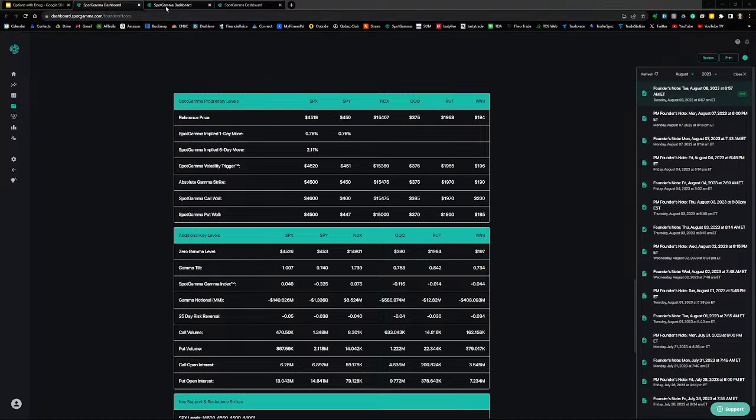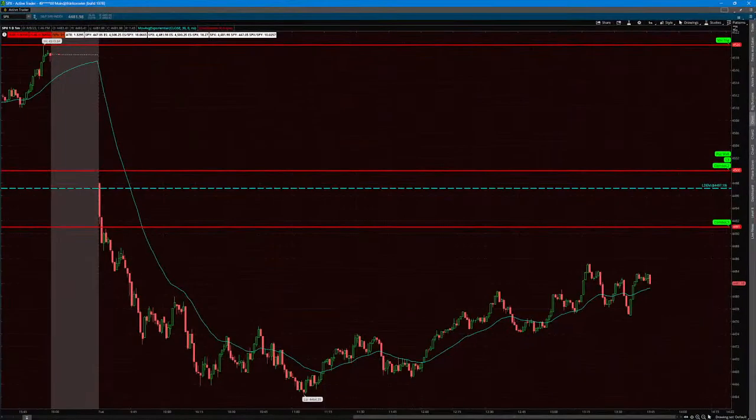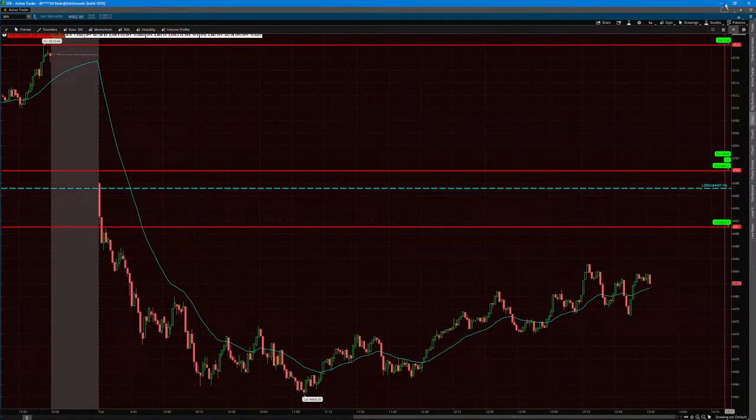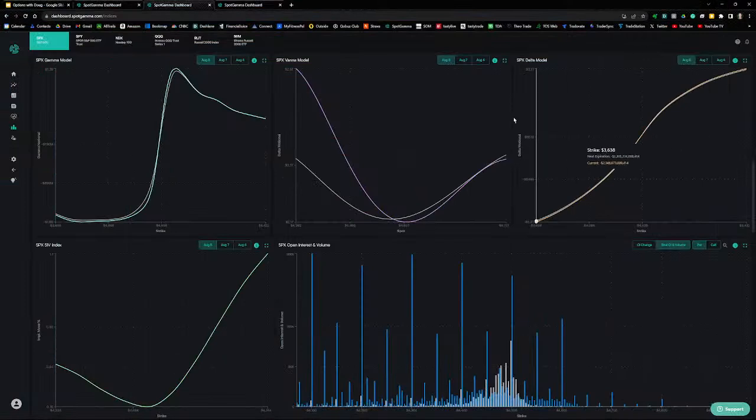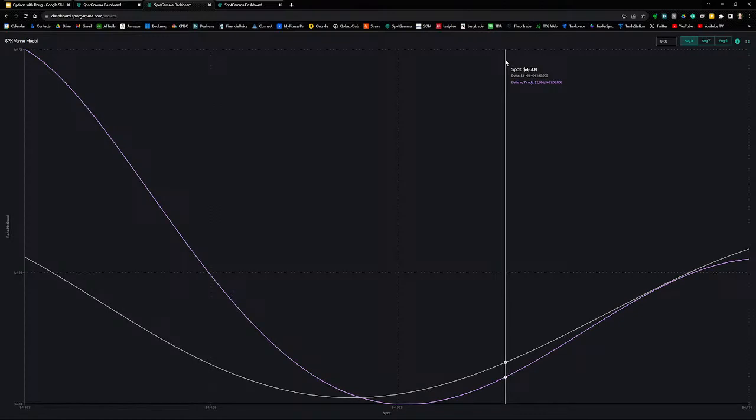All right, let's take a look at the Vanna model now, and we can see an illustration of this. Let me go back to one thing here. We'll start with SPX. So we see the low of the day for SPX was around 44.64. All right, so I'm going to open up the Vanna model and note the gamma notional for SPX was mildly negative.